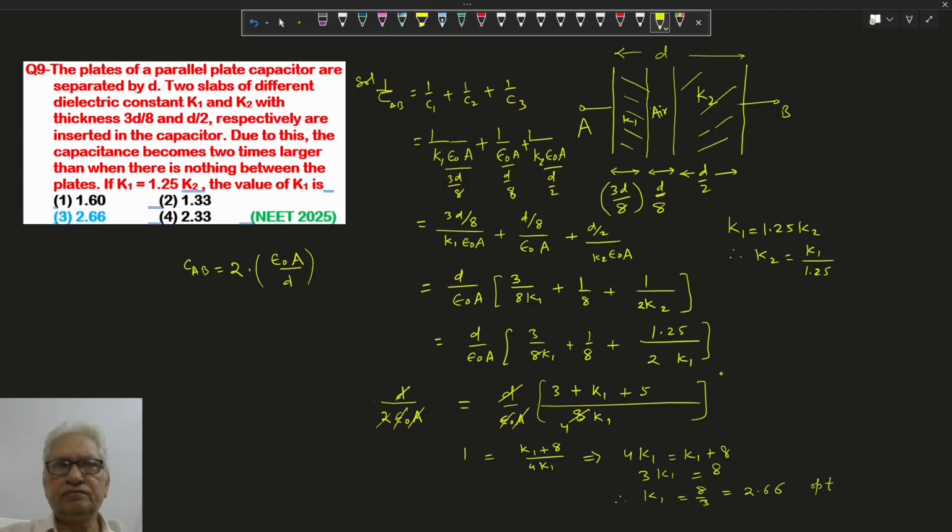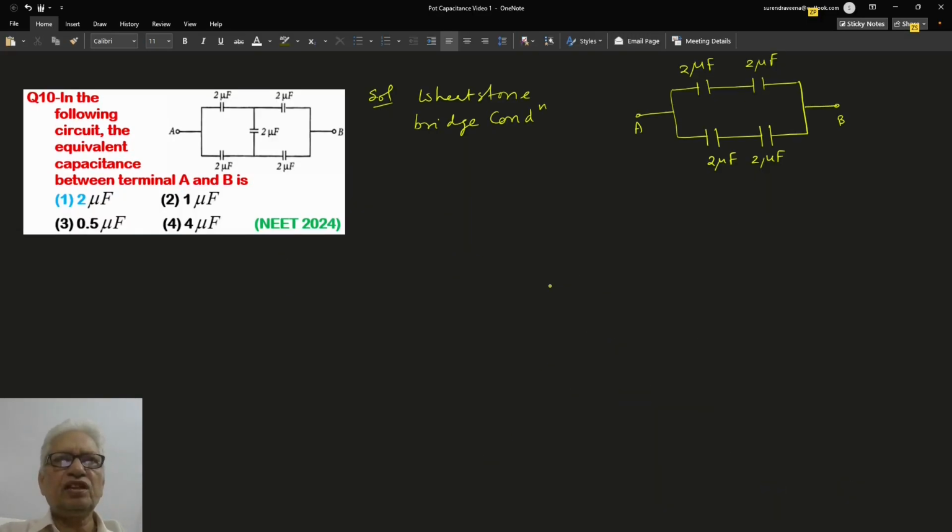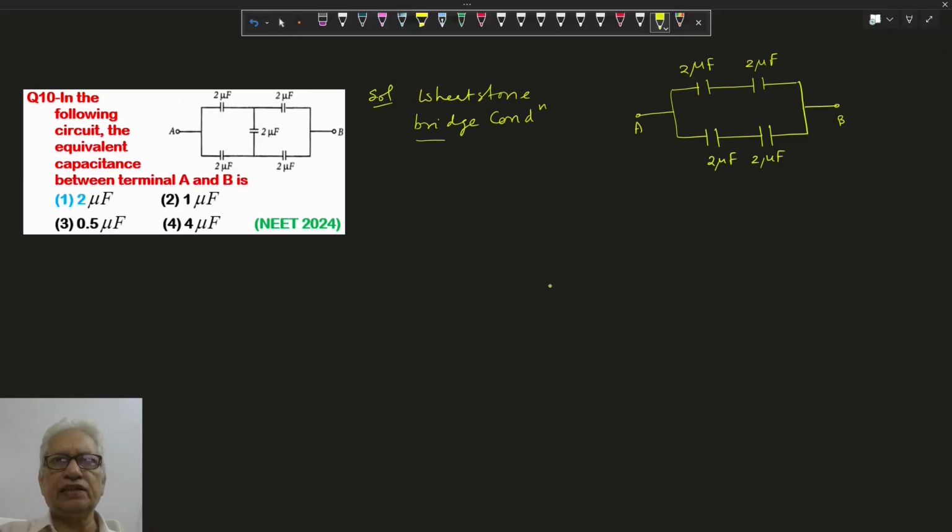Here is the option. Next question: capacitance, all are 2 microfarad. So the Wheatstone bridge balance condition is there, P by Q is equal to R by S. So the central capacitance of 2 microfarad is removed. Using the Wheatstone bridge balance condition, this is the modified circuit, and these two are in series.